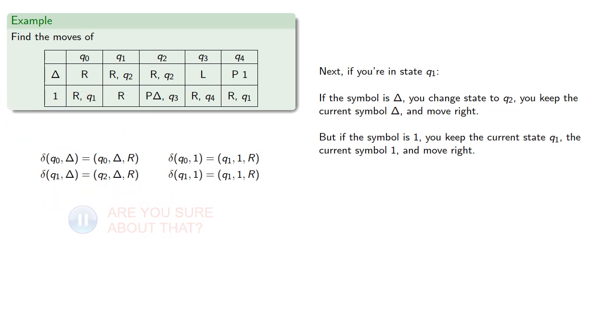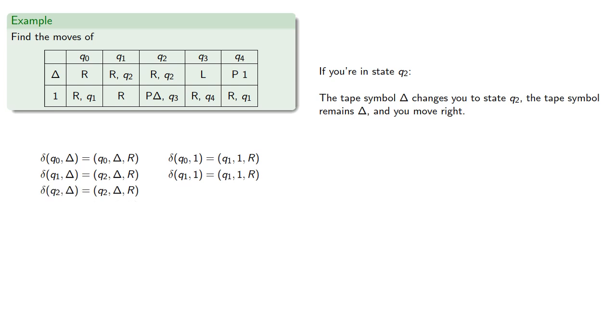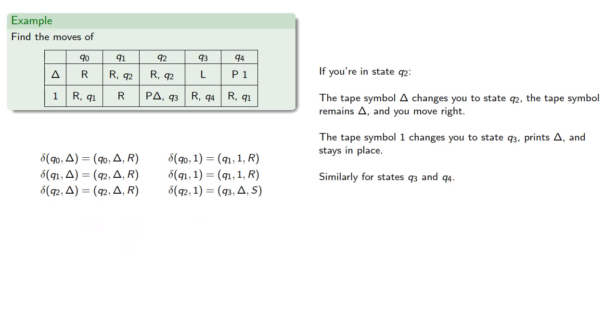If you're in state Q2, the tape symbol blank keeps you in state Q2, the tape symbol remains blank, and you move right. The tape symbol 1 changes you to state Q3, prints a blank, and stays in place. Similarly for the states Q3 and Q4.